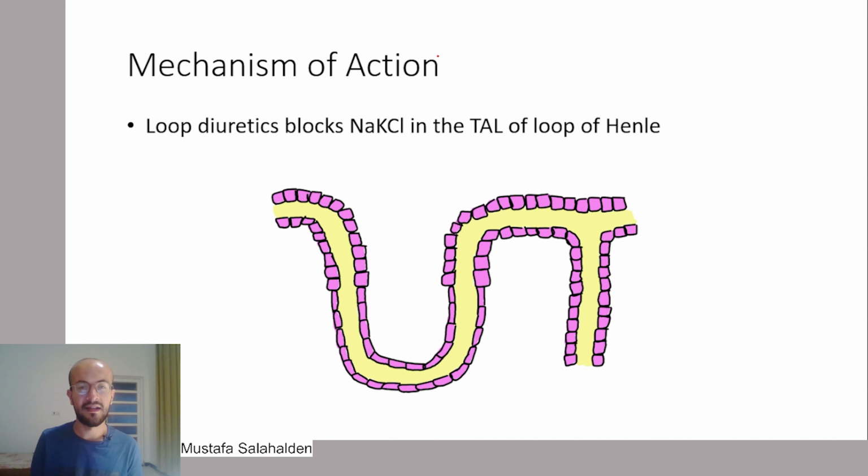So now let's move to the pharmacodynamics, which is also the mechanism of action. Diuretics block the NaKCl cotransporter in the thick ascending limb of the loop of Henle. When they move into the loop of Henle until they reach the thick ascending limb, that's where the NaKCl transporter is, and it reabsorbs 25% of sodium, potassium and chloride.